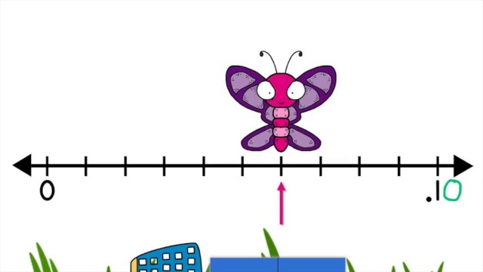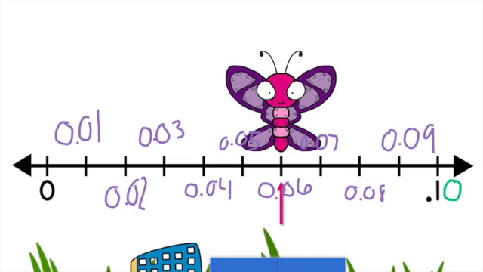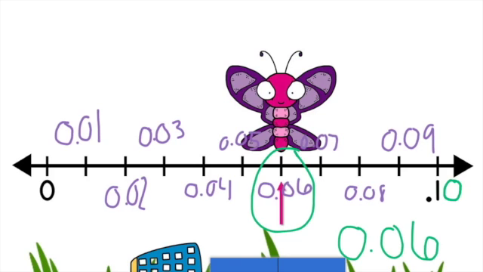So I'm going to go ahead and label my number line starting here at 0 and 100th, 0 and 200th, and so on. Alright, so after labeling this number line completely, I was able to see that the arrow is on 0 and 600ths. So I would put 0 and 600ths.